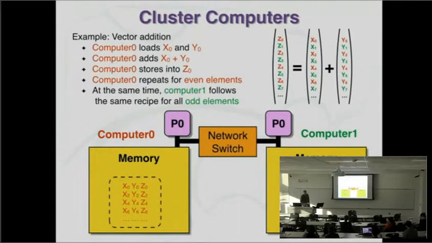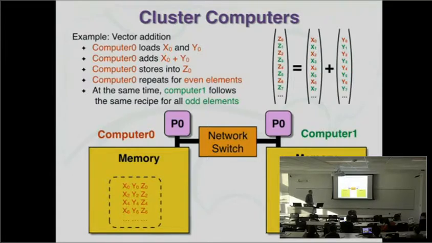So again, let's take the simple case of our vector add. Now, I've been doing this for a long time, so I've decided to put all the red even array elements on one compute node, computer 0, and all the green odd ones on computer 1.